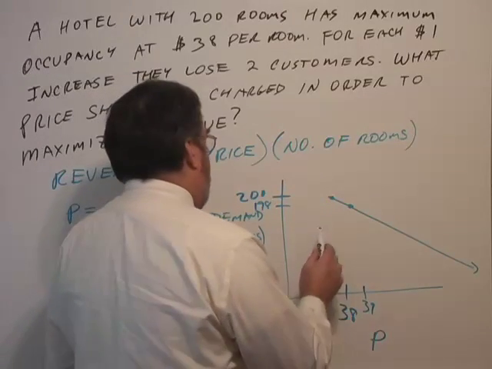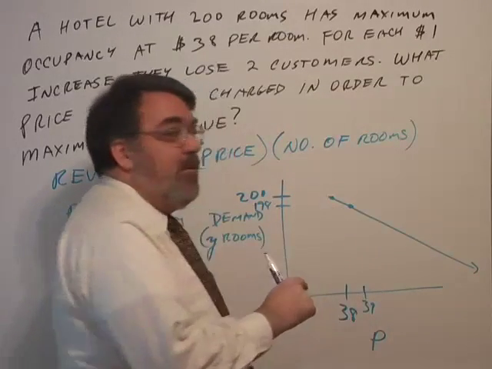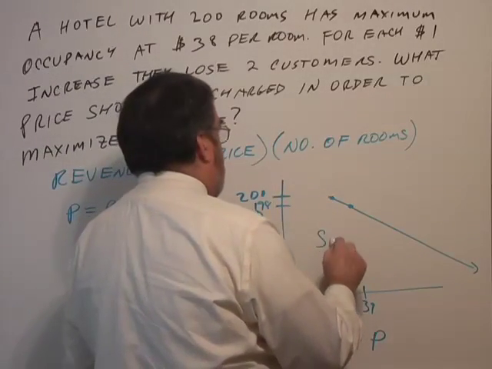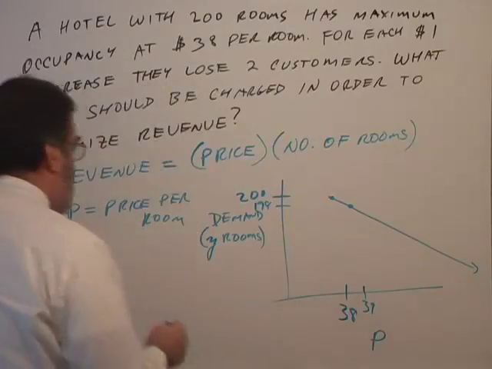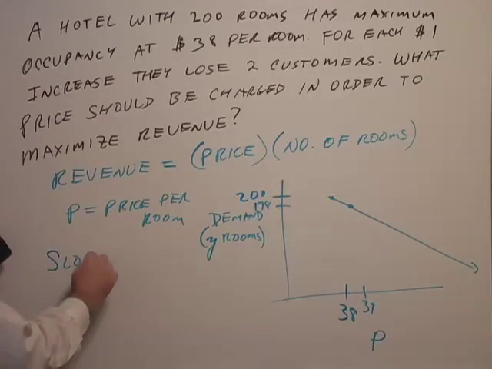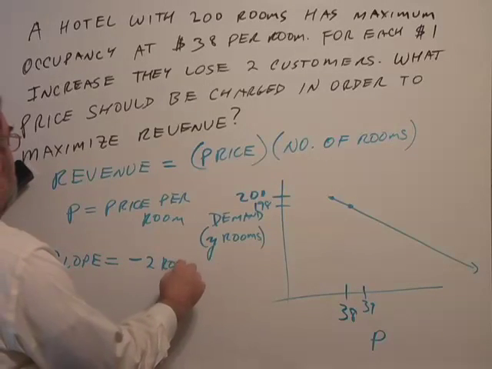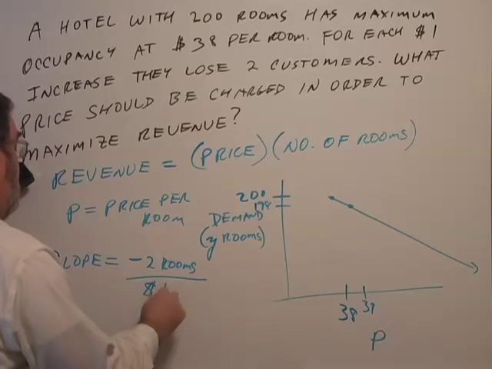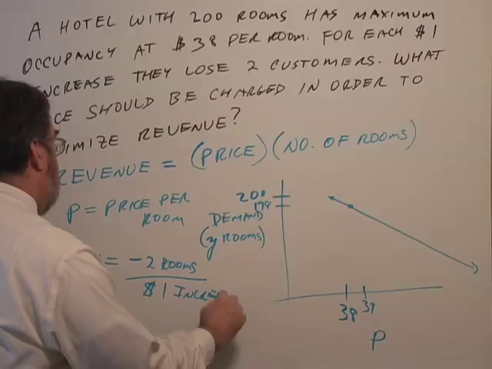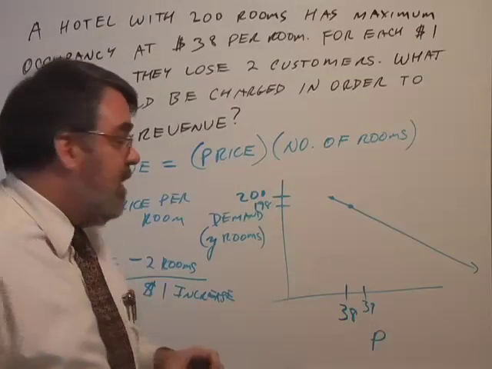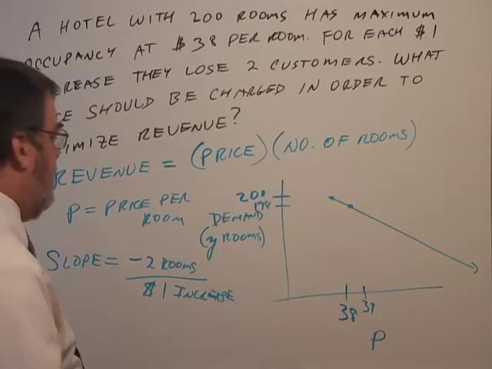Well, if I fall 2 rooms per $1 increase, then my slope is going to be -2. Let me write that over here. The slope is going to be minus 2 rooms per dollar increase. Minus 2. Now what would be the y-intercept?